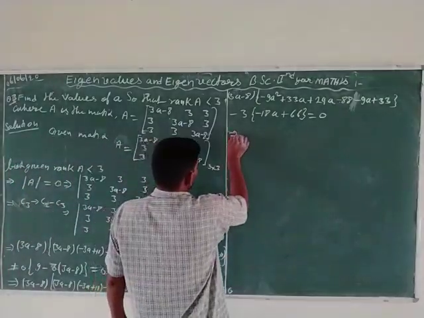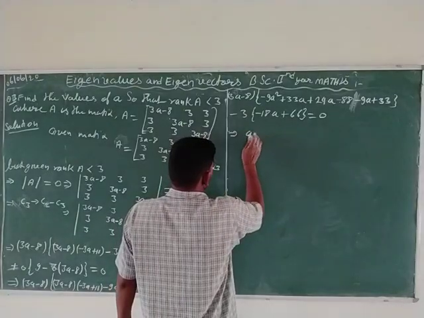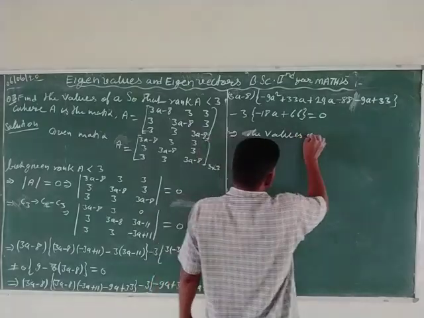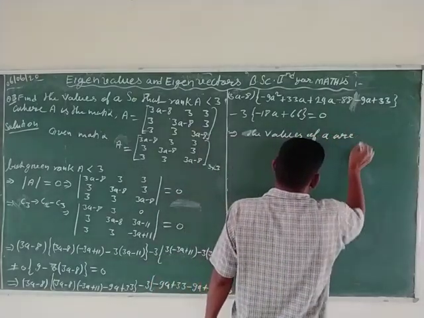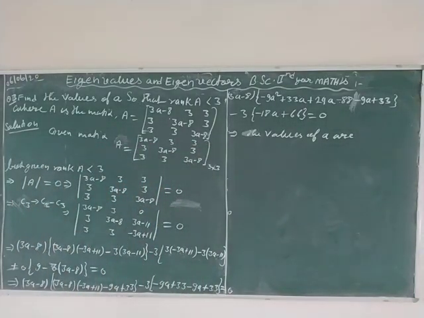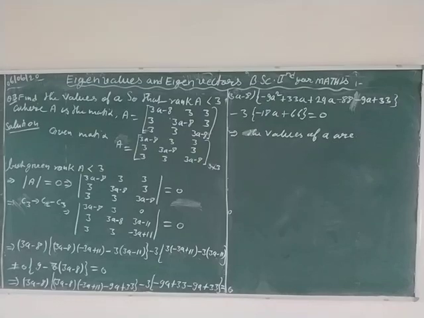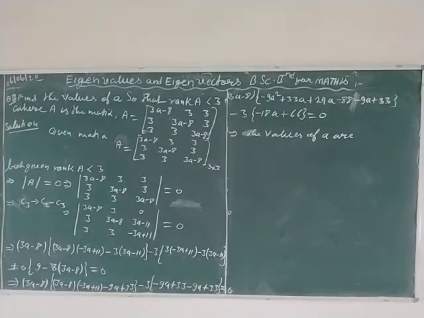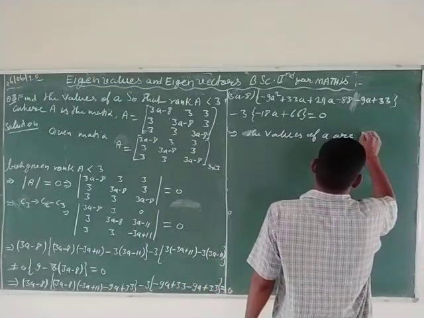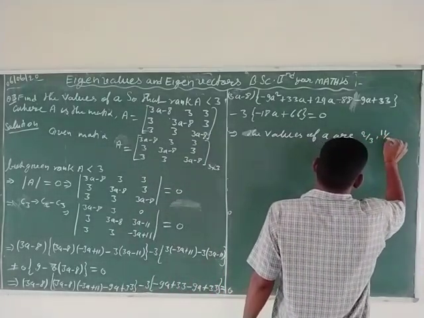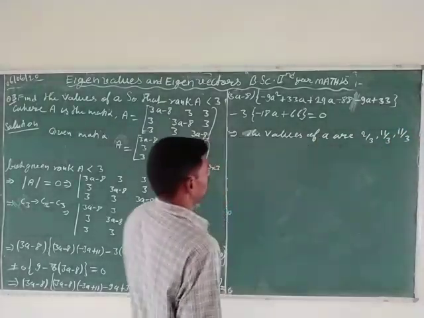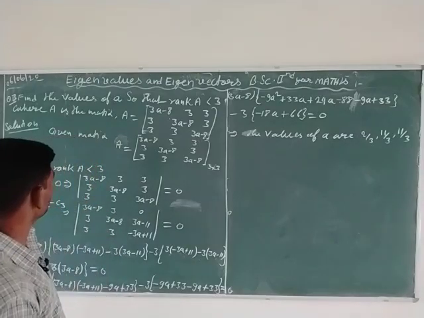So it is implied that the values of a are 2 by 3, 11 by 3 and 11 by 3. This is the complete solution of the question.